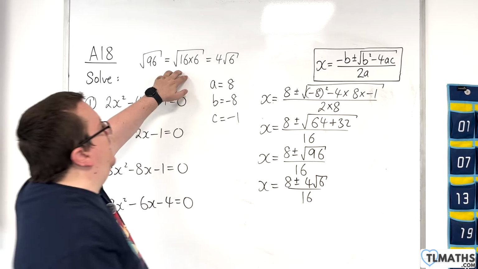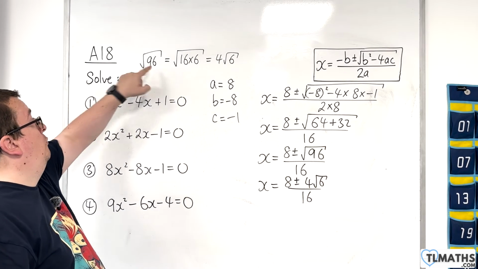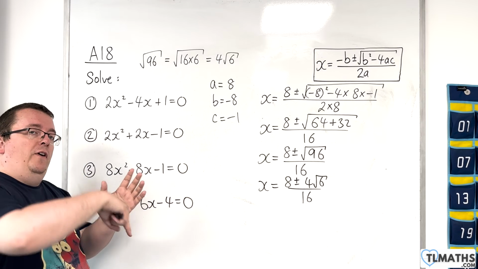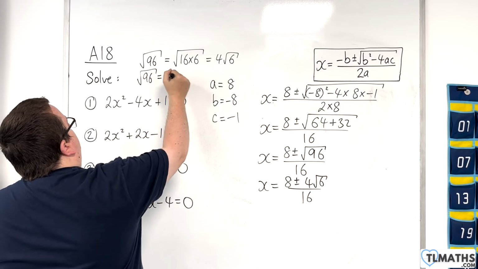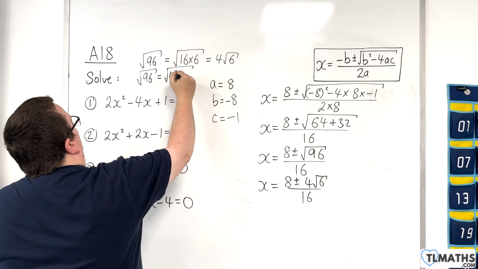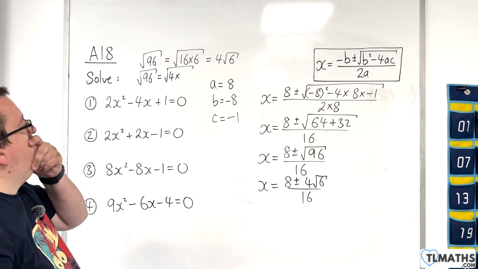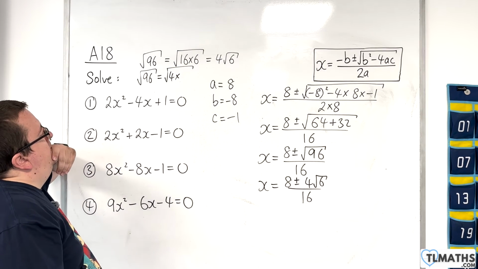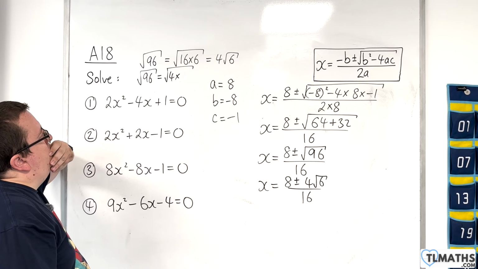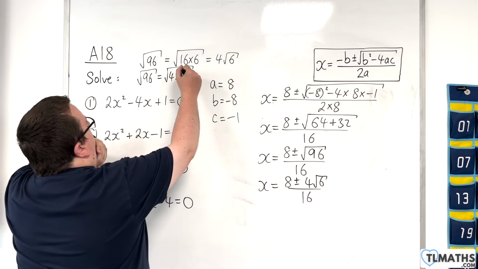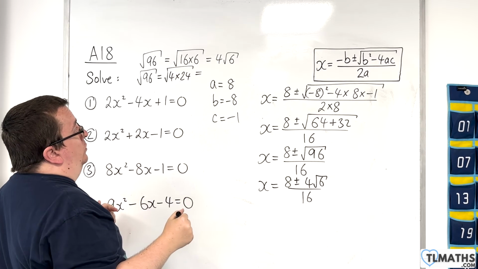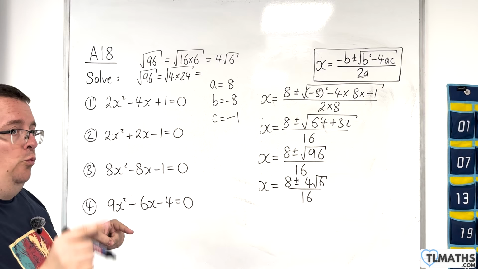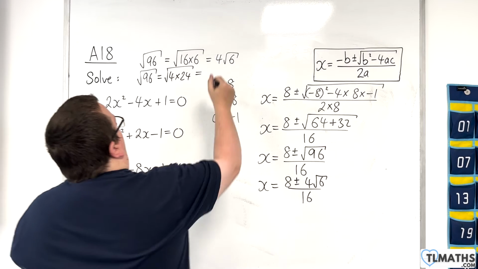Don't worry if you didn't spot that, because if you spotted that 4 could go into it, you could simplify it first and say root 96 is 4 times, what would that be? 4s would go into it 24 times. And then 24 is divisible by 4 as well, 6 times.